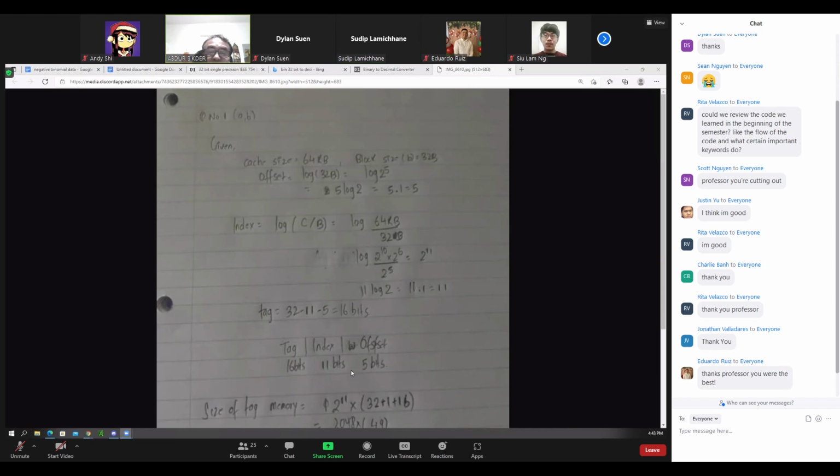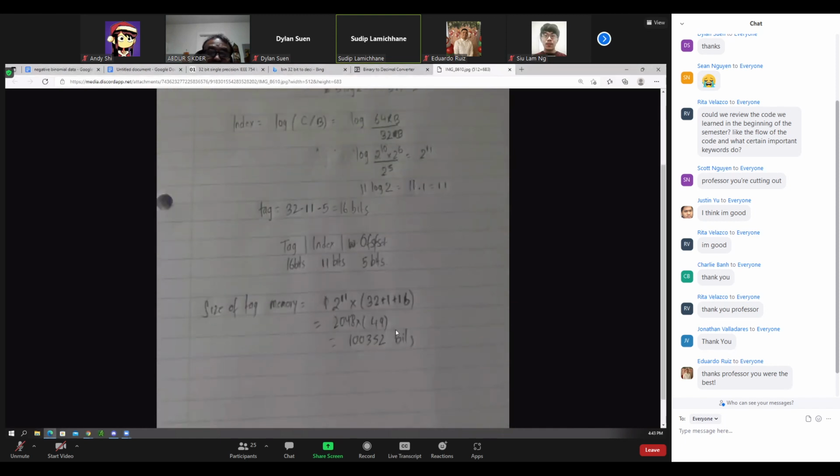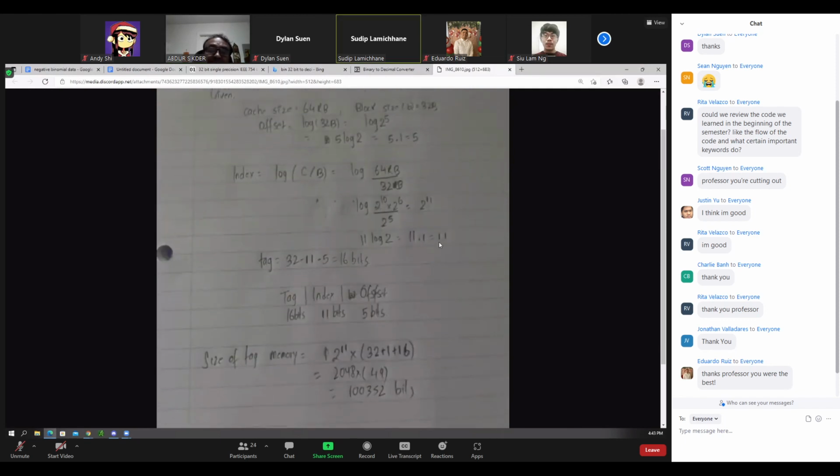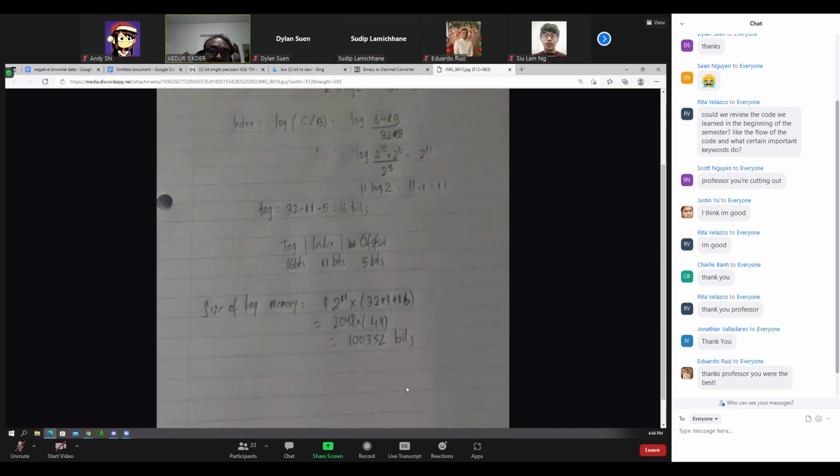Then tag equals 32 minus index minus offset, which equals 16. And the size of the tag memory is 2 to the power 11, which you told me, times 32 plus 1 plus 16 tag. Yeah, that looks correct.